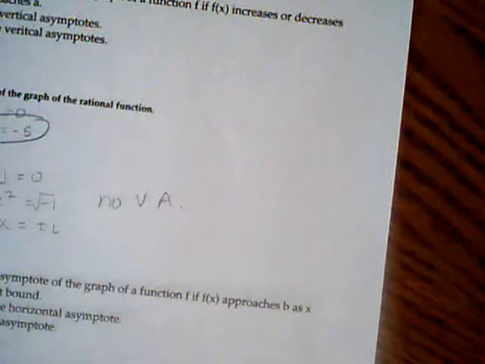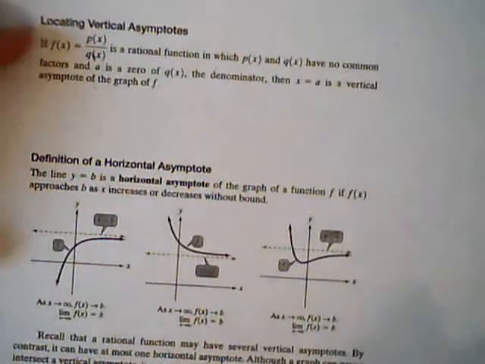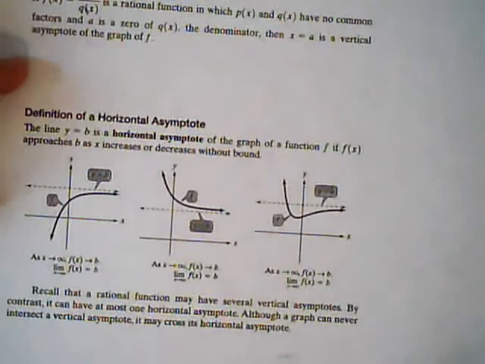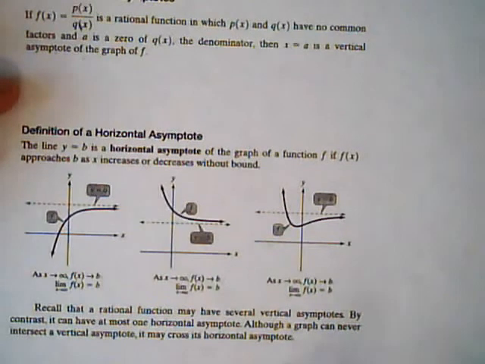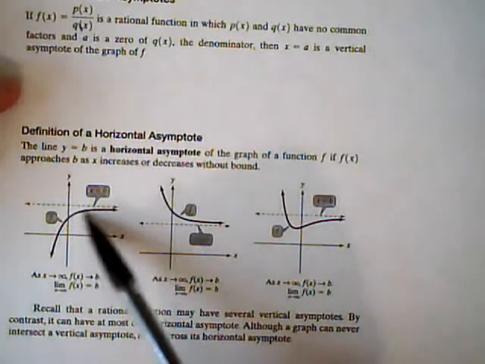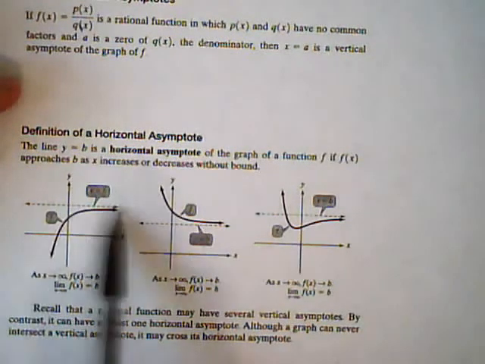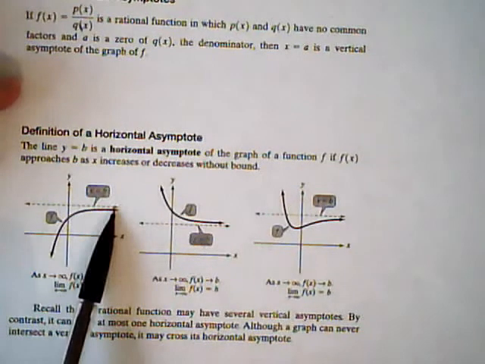Okay, again, if you look in your e-book, if you wanted to look at these graphs in section 2.6, you would find this diagram showing you some examples of what horizontal asymptotes are. This is an example of a graph where it approaches the horizontal line but doesn't cross it. So this is a horizontal asymptote.